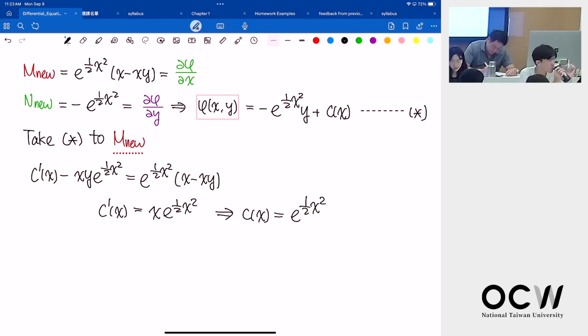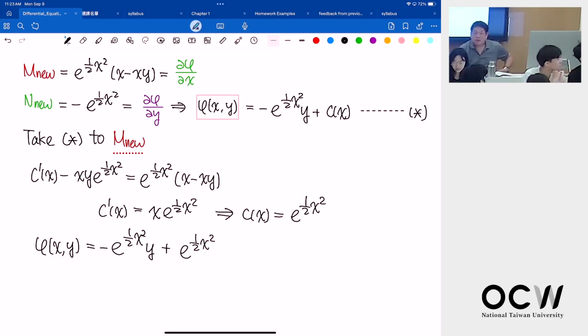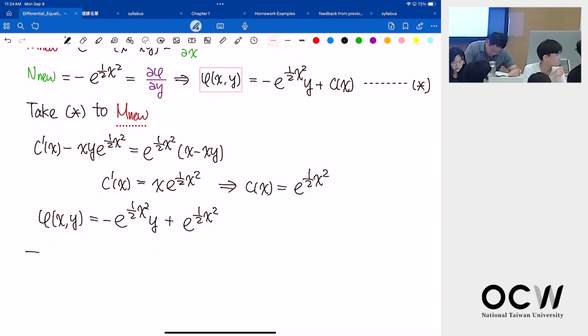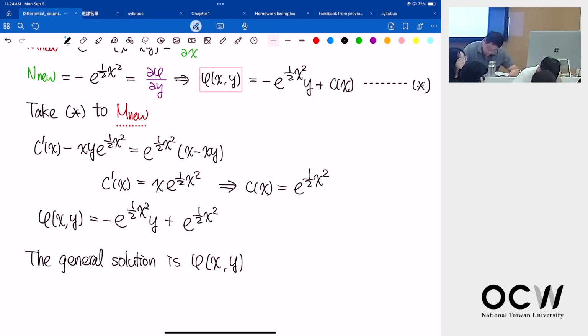Then your potential function is minus e to the 1/2 x squared y plus e to the 1/2 x squared. Remember that this is your potential function. Then what is your general solution? So the general solution is the potential function phi equals c.